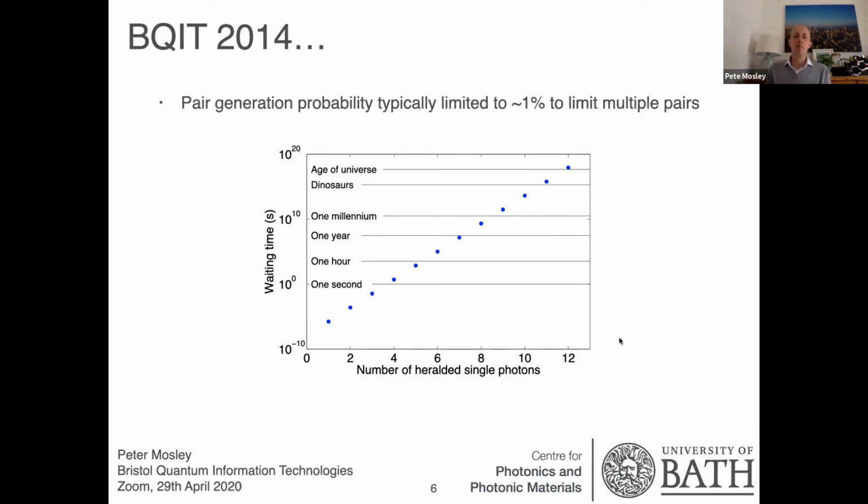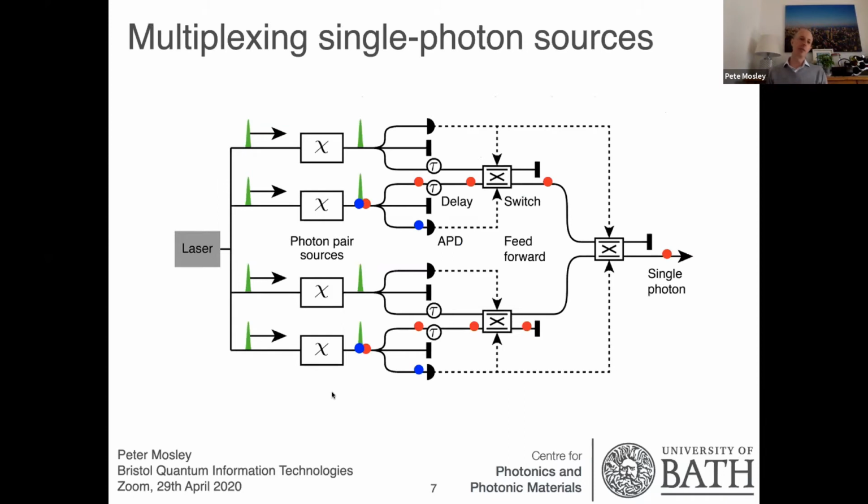So, of course, this is not a great situation, but there's been a huge amount of work done since 2014 to use source multiplexing, so these ideas around active switching and feed forward to solve this problem using these spontaneous sources. So how does multiplexing work?